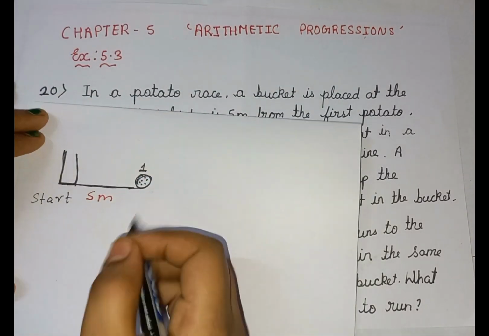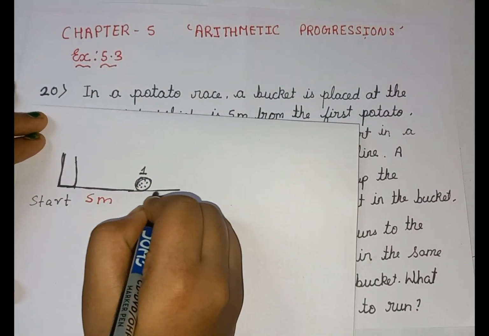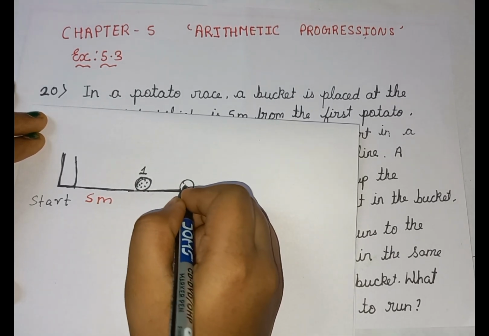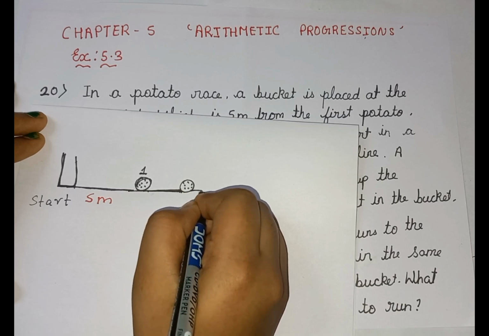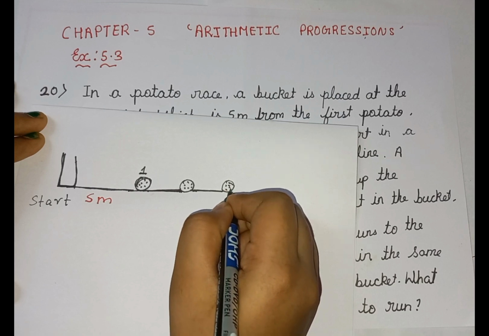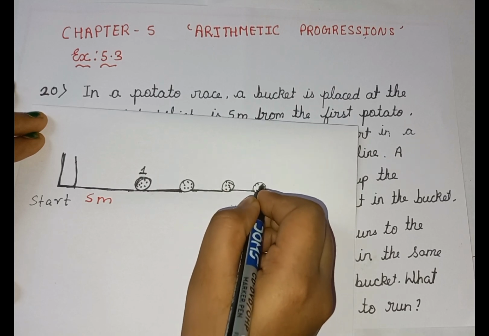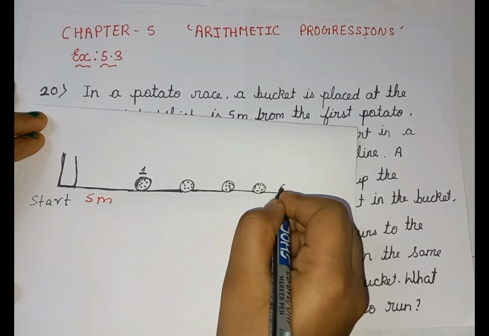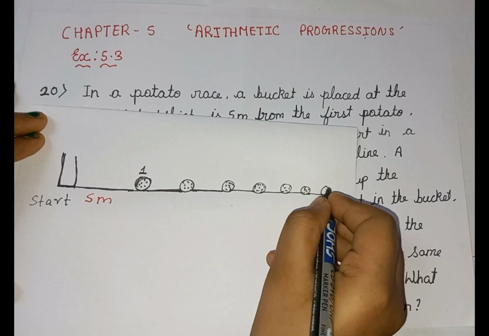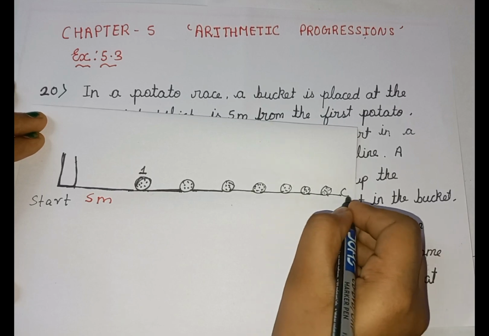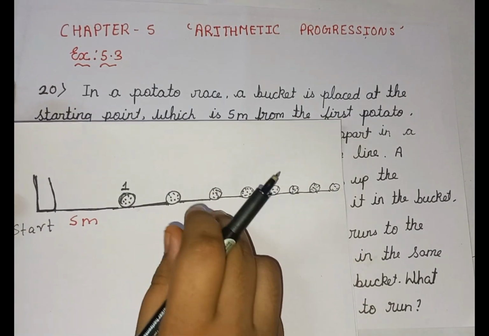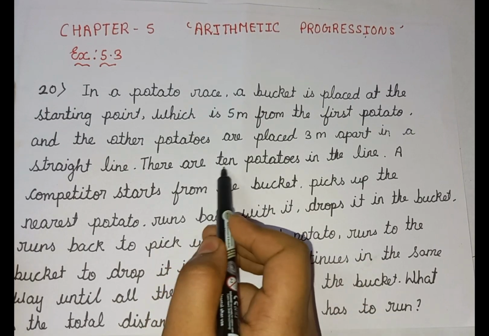So after 3 meters there is a potato, and from this potato after 3 meters there is another potato, and from here another potato, and another, and another, and another. 1 2 3 4 5 6 7 8. I don't have space. Remember there are 10 potatoes like this.